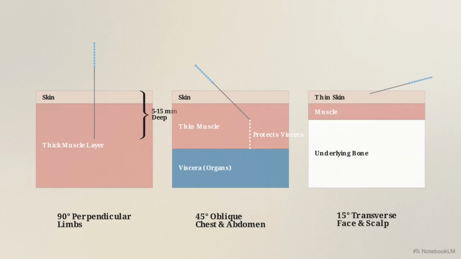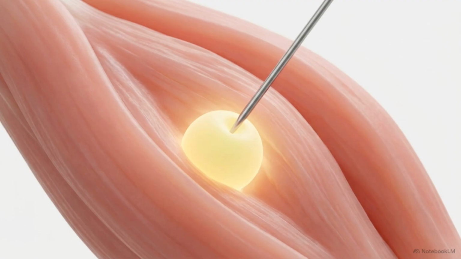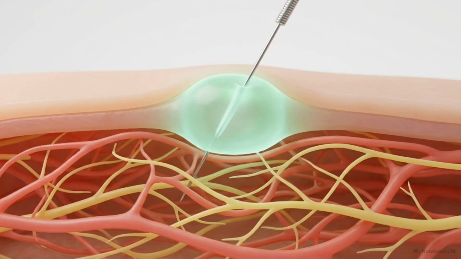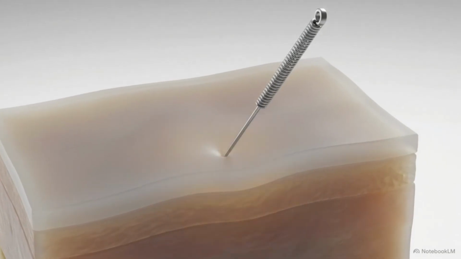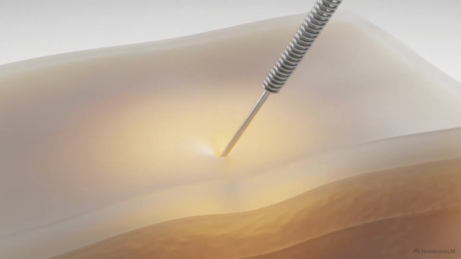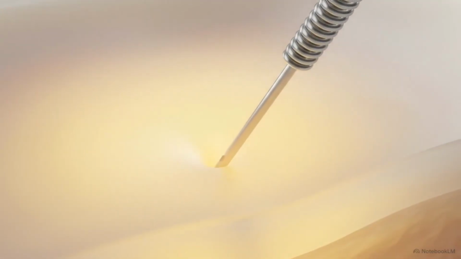For delicate areas like the face, a transverse 15-degree angle travels superficially, just 2 to 3 millimeters. Adhering to these three specific geometries ensures that the needle reaches the necessary therapeutic depth while preventing accidental injury to nerves, vessels, or organs.